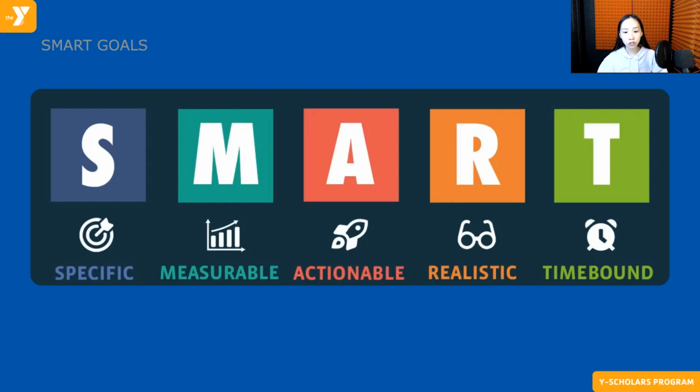Actionable means there are actions you can take to slowly reach your goal. And realistic is it is actually a reasonable goal that you can do. And time bound is setting a deadline or a due date for yourself so you finish it within a specific time frame. So that's what time bound means.